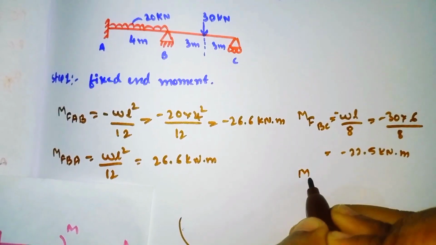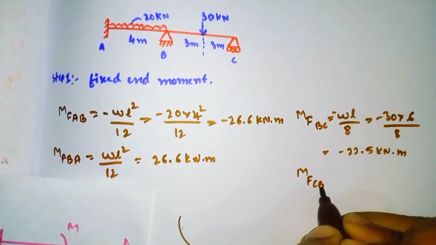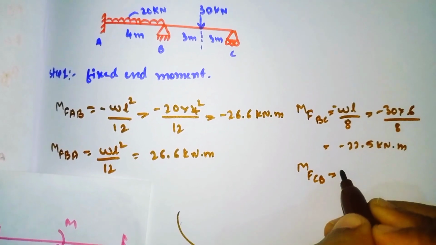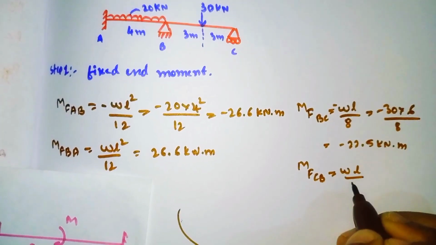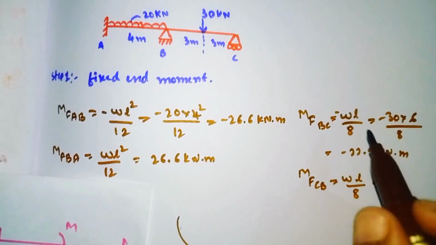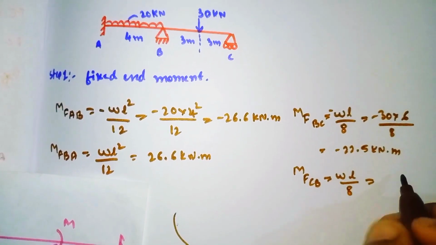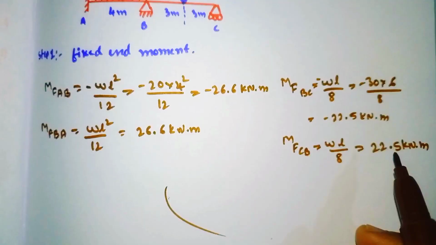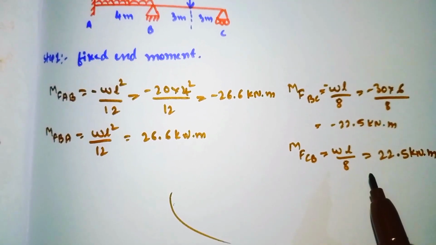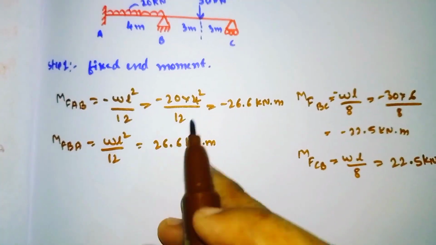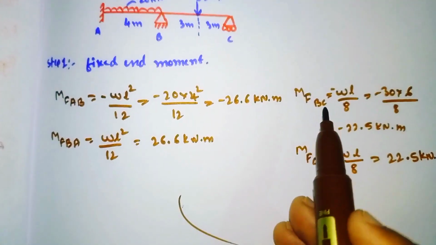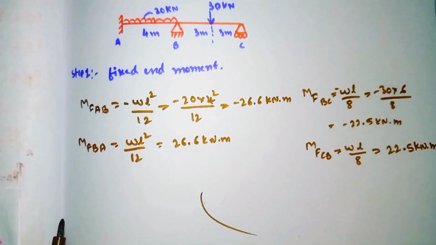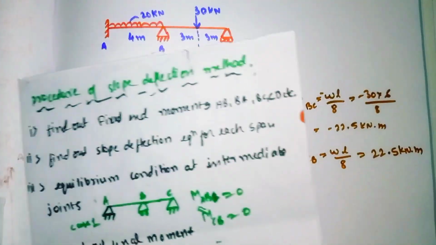Similarly MFCB. Here also the formula is the same, only the difference is sign. Here negative sign will come, here positive. So the answer will be positive 22.5 kilonewton meter. This is how we calculate the fixed end moment for span AB, BA, BC as well as CB. So now our first step is completed.